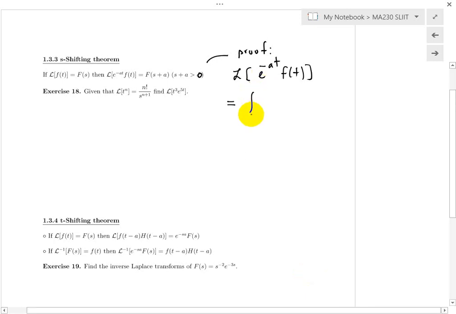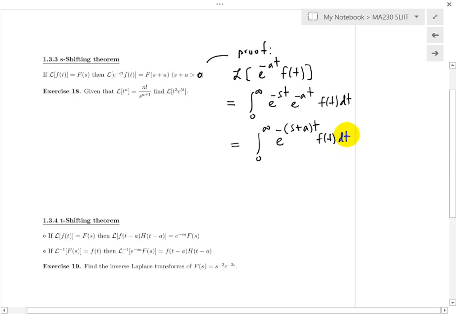Here what you do, integrate 0 to infinity, exponential minus st, exponential minus at, f of t dt. So if you combine, integrate 0 to infinity exponential minus (s plus a)t f of t dt. So what can you say about this integral?